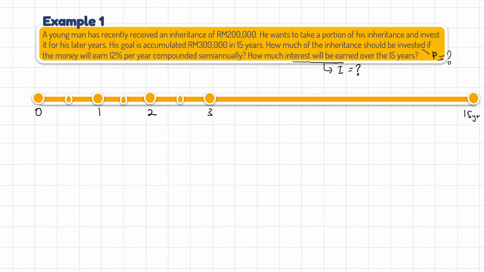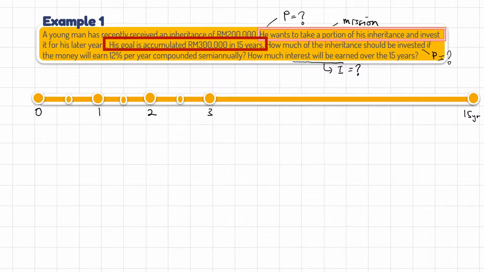From the problem statement, we can see that there is a mission, which is he wants to take a portion of his inheritance and invest. So this will be the value of P, the amount of P. This is the mission. And then from the problem statement, we also have the vision.